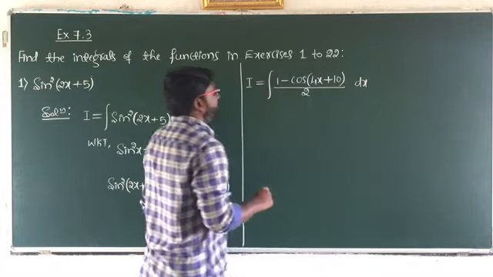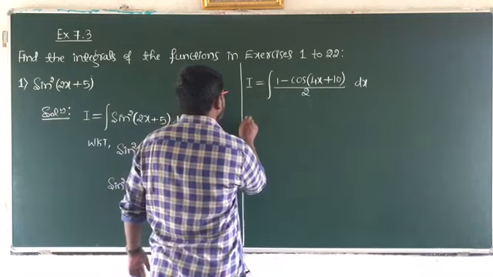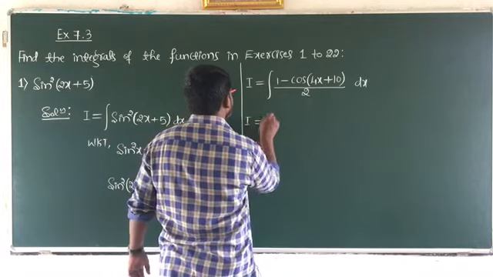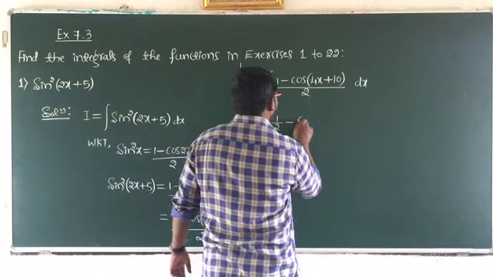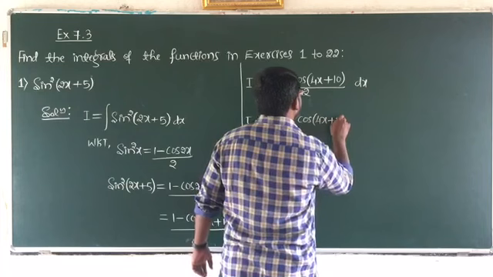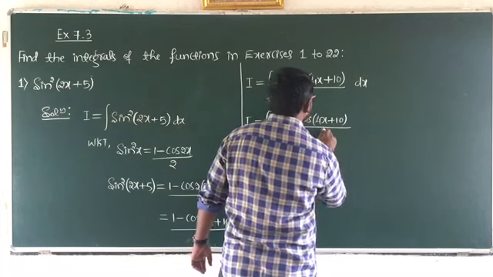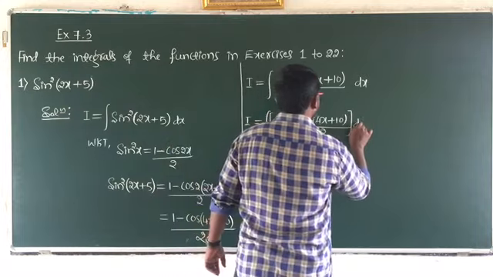So now we can split this into two terms. I is equal to the integral of 1 by 2 minus cos (4x plus 10) divided by 2, dx.